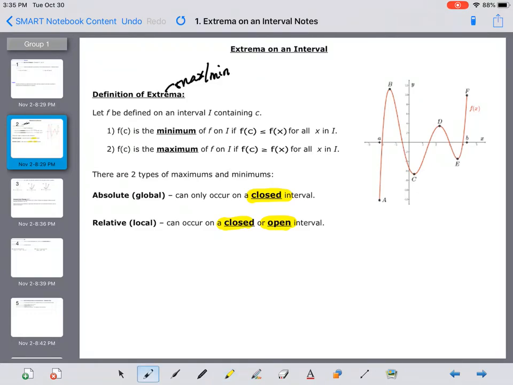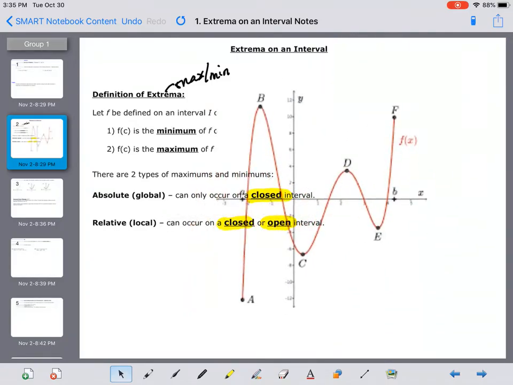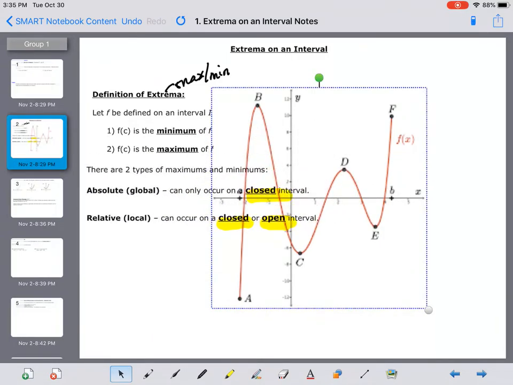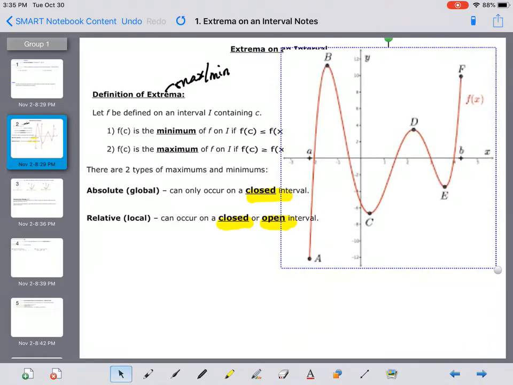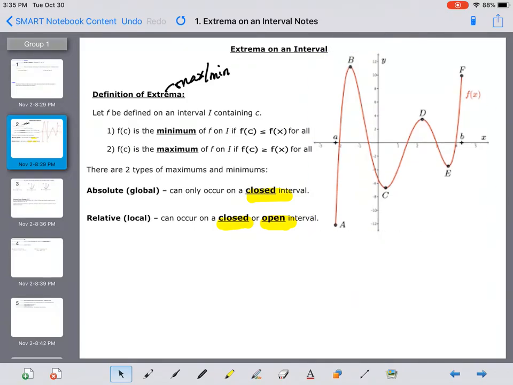If we look at our picture here, and I'm going to expand it just a little bit, not mark it up, but expand it. There we go. If we think of this graph and the points A, B, C, D, and E, we can define them as maxes and mins first.